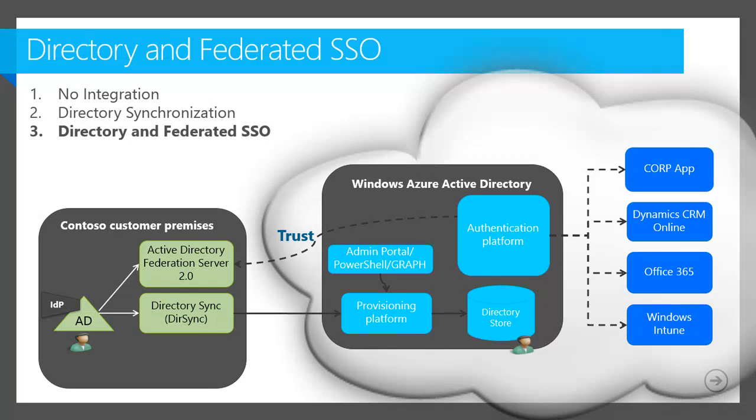The account is still copied over, but when that user authenticates, instead of the password being stored locally in Windows Azure AD, a token is used for that authentication. It's going to connect back to your Active Directory Federation Server, get a token, and then that token is going to be used to authenticate, right?